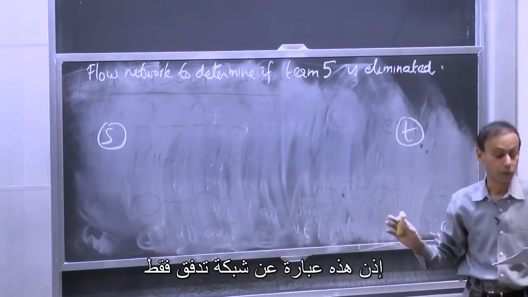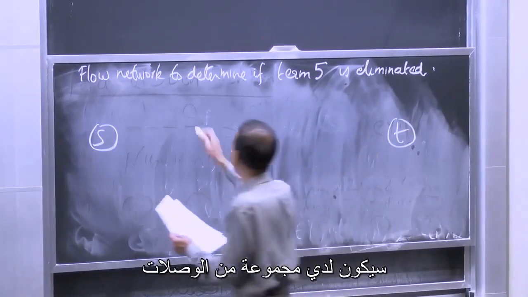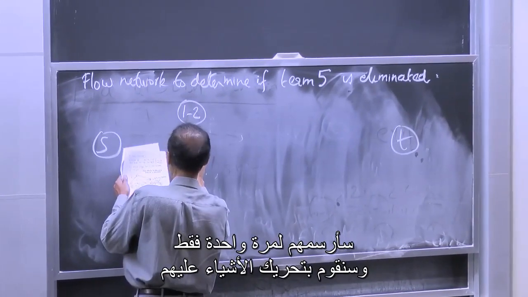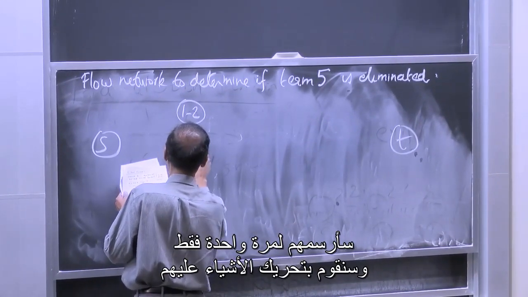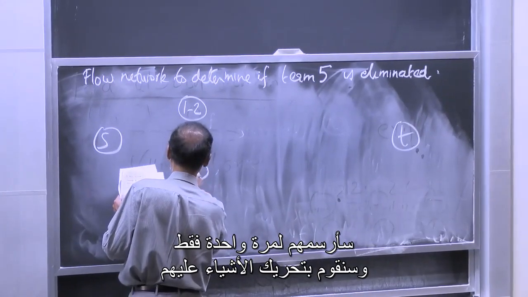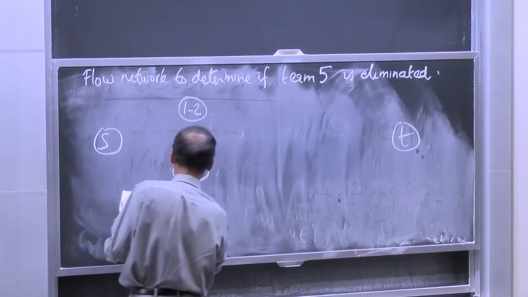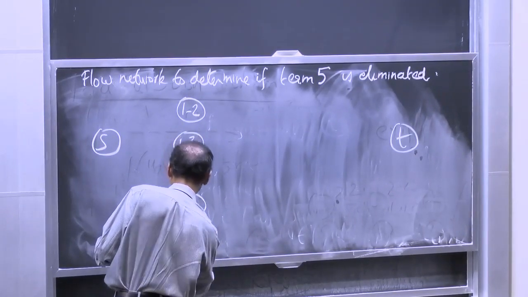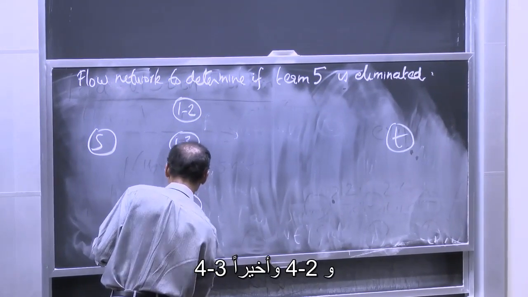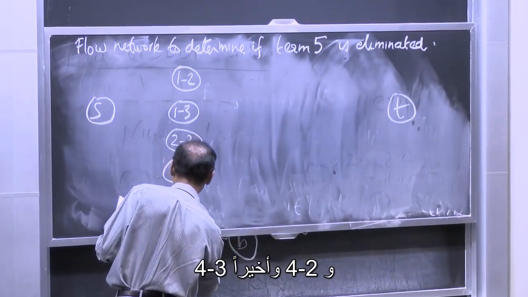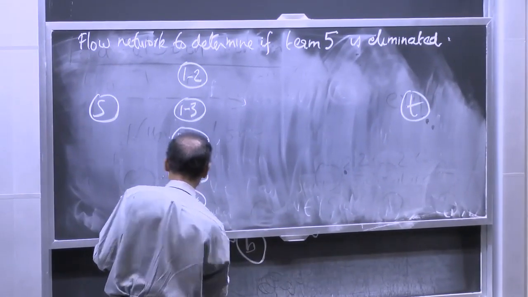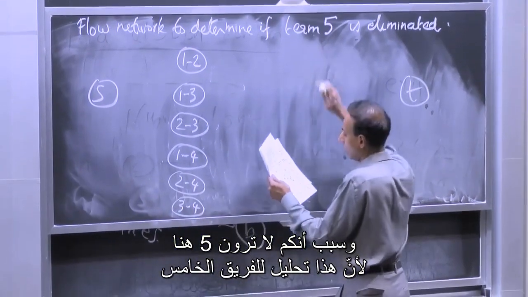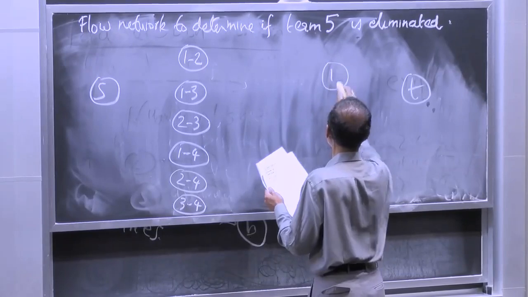I'm going to have a bunch of edges. I'm going to just draw this once, and we'll be moving things around on this. 2 to 3, 1 to 4, 2 to 4, and lastly, 3 to 4. The reason you don't see 5 here is because this is an analysis for Team 5.